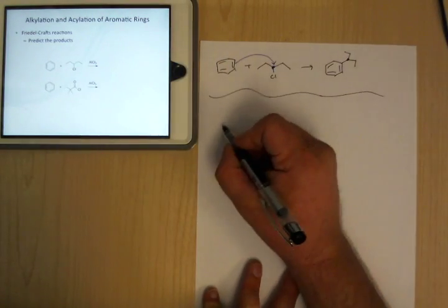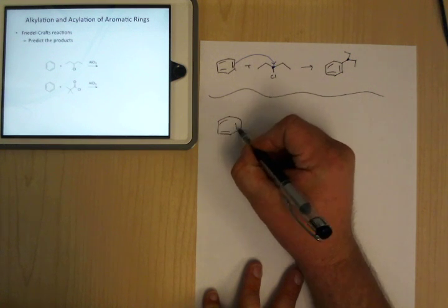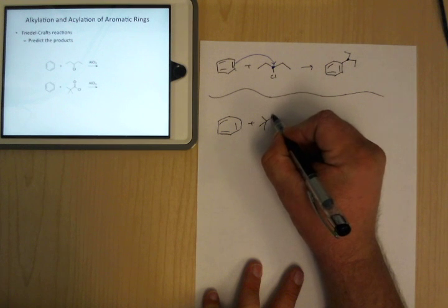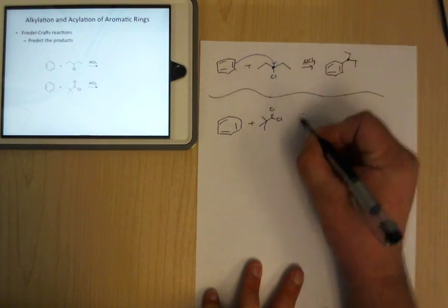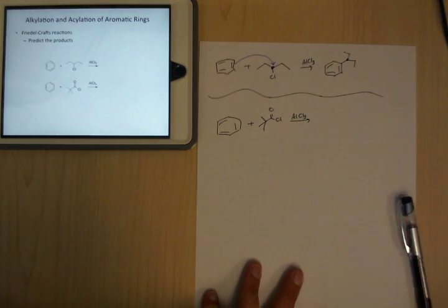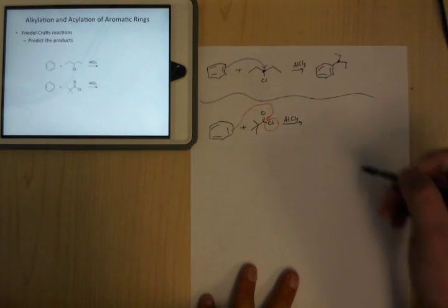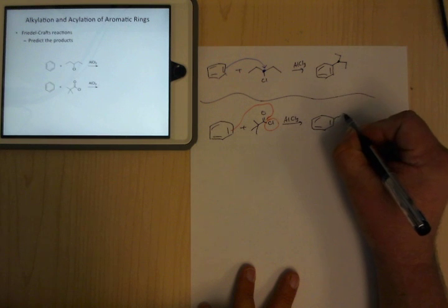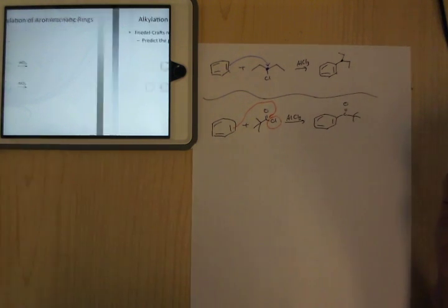Now, for this one, it just attaches again. It attaches where that chlorine is, essentially displacing it, like that.